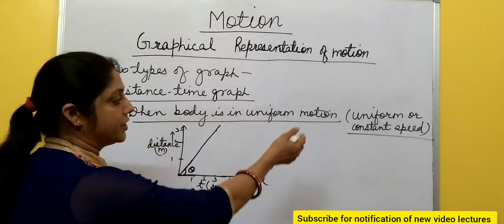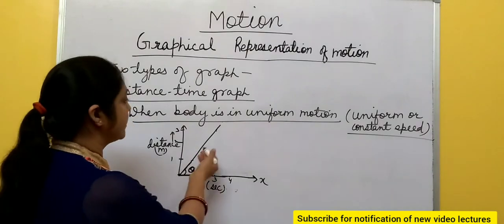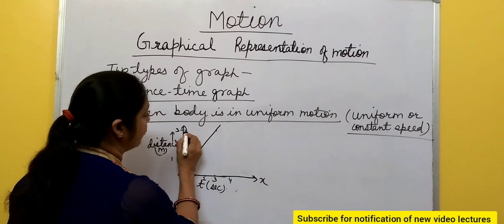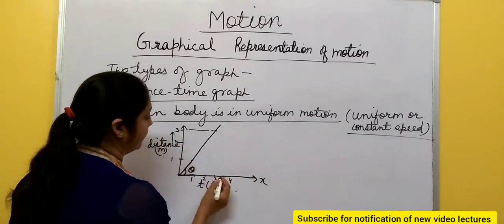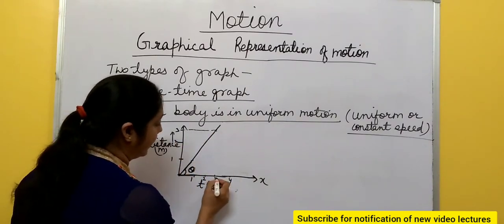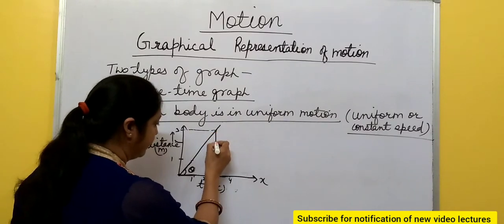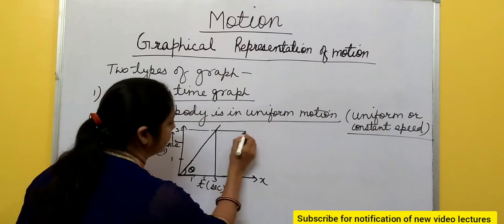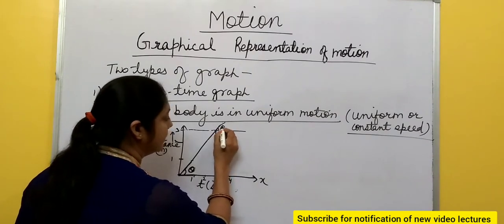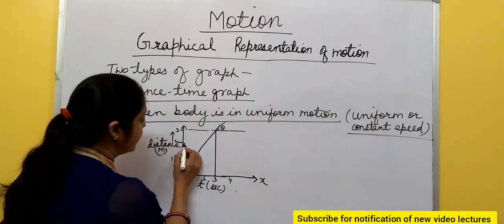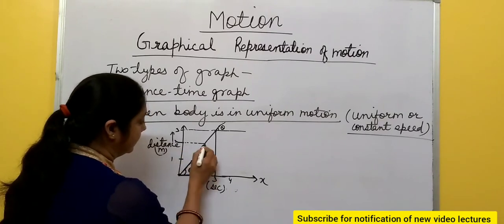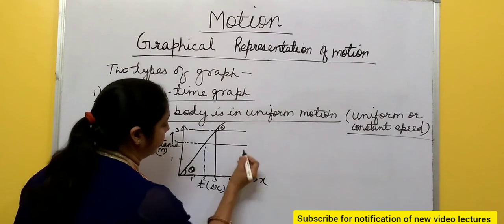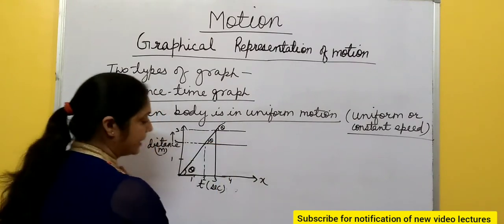Let us prove how speed is constant in case of uniform motion. Suppose at this distance 3 meters, at 3 seconds, this straight line makes angle theta. Again at 2 meters, when time is 2 seconds, this makes angle theta with the x-axis.